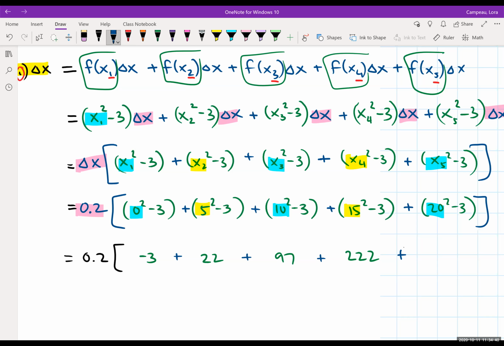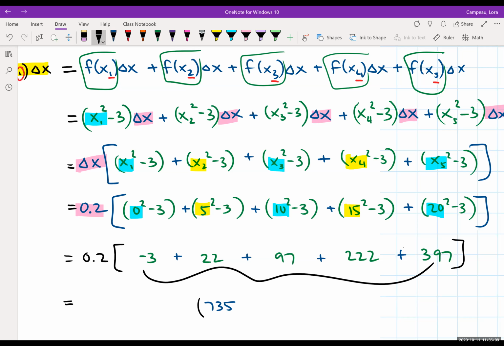Let's write that in. So now you have an expression where you just have to add the terms. I'll probably use my calculator for this. I do believe when I add them all together, all of this is going to equal 735.